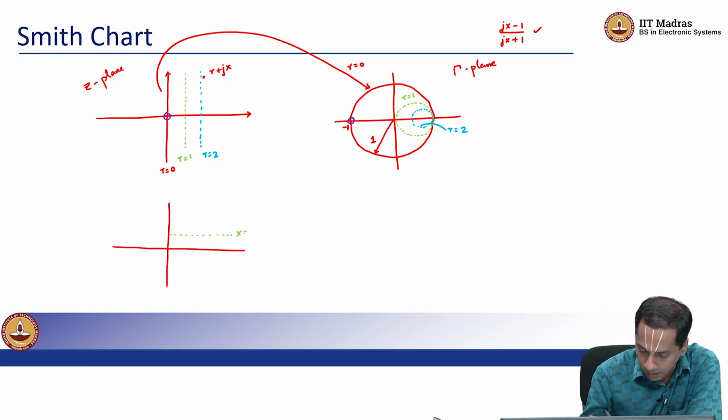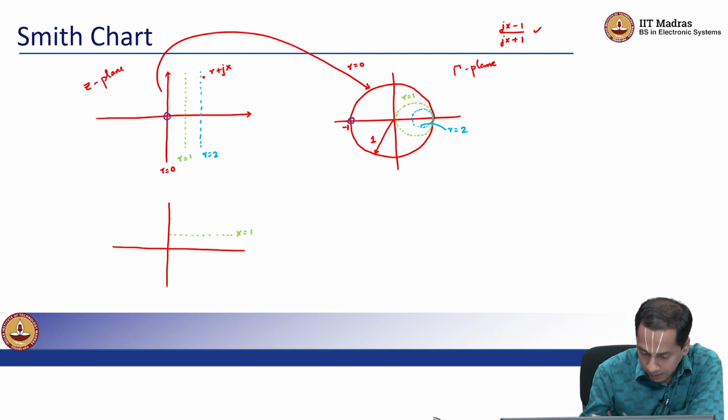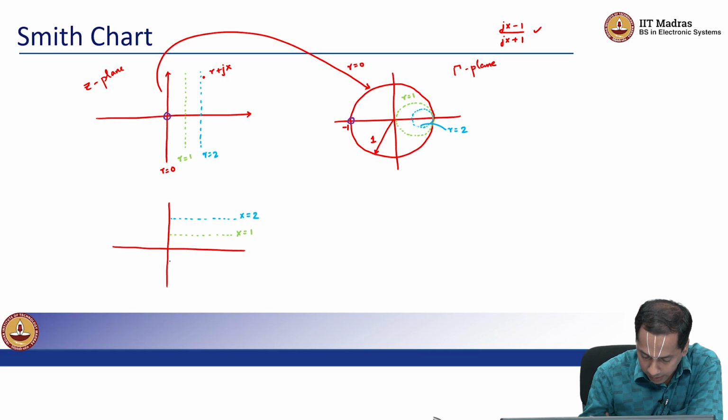So in this case, x equals 1, let's say x equals 2. You can see that I am only interested in the right half plane, right? So x can be both positive or negative.